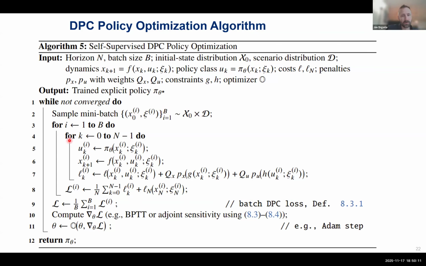And for each of these sampled scenarios, we are doing a forward simulation rollout with my closed loop system and known objectives and constraints to accumulate the cost over this finite horizon. And over this mini batch, I'm averaging the cost and now computing the sensitivities using backpropagation through time, the backward pass that I showed on the slide before.